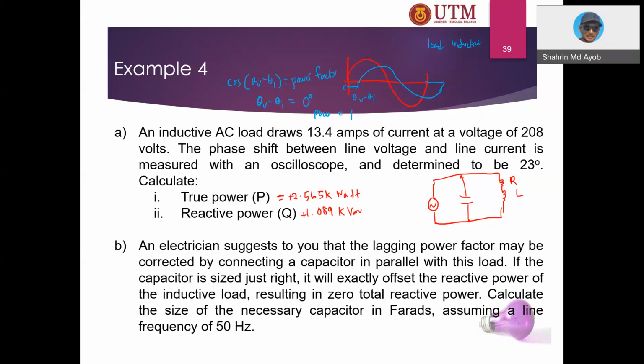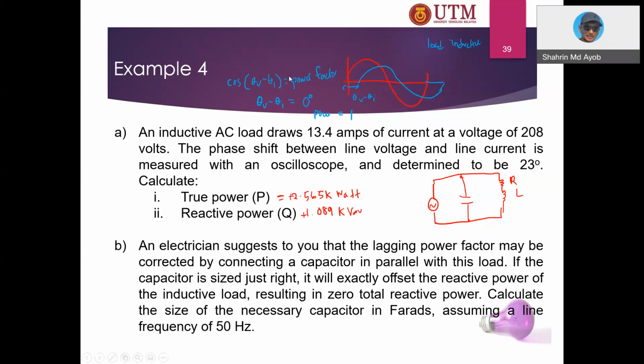That's why our home appliances and electrical loads, like television and so on, are inductive loads. So depending on the difference angle between voltage and current, it will affect the power factor.